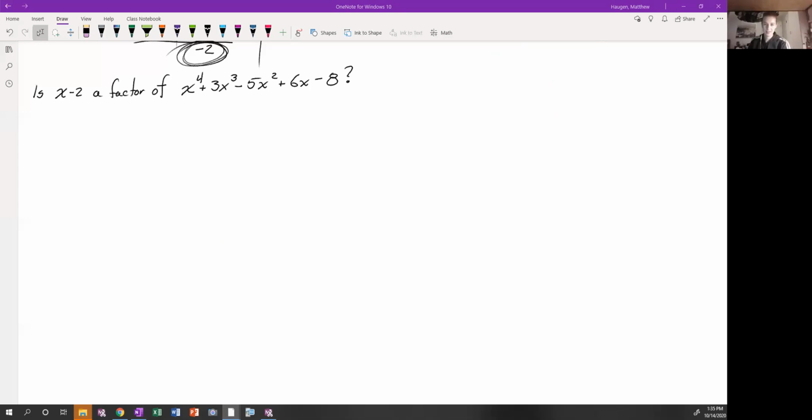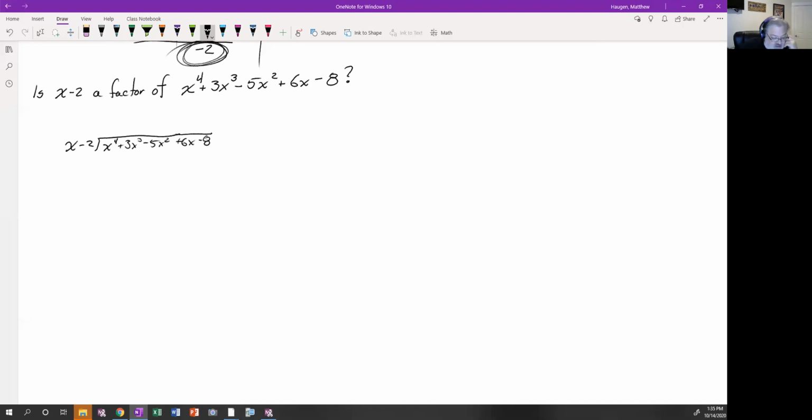So if we look at the x minus 2, and I will get to the connection with synthetic division next, Amy, I didn't forget. We want to divide that by x to the 4th minus 3x to the 3rd minus 5x squared plus 6x minus 8. And again, if it's a factor, the division will come out clean with no remainder.